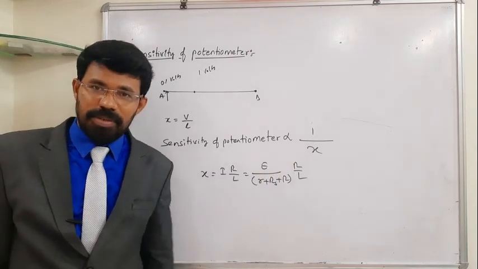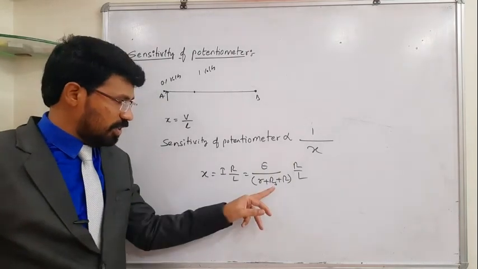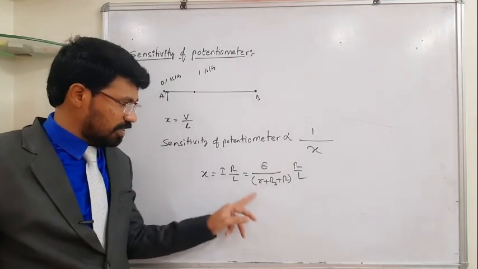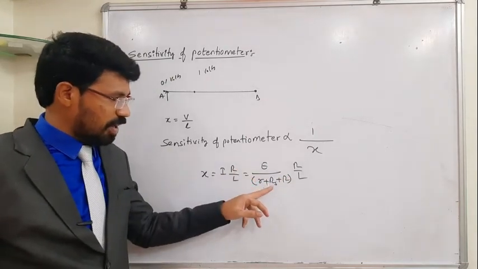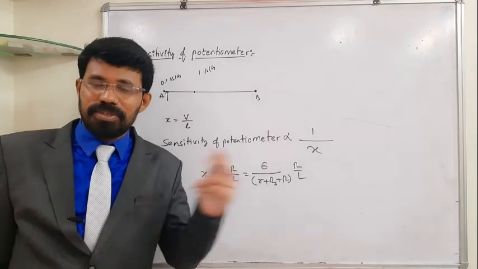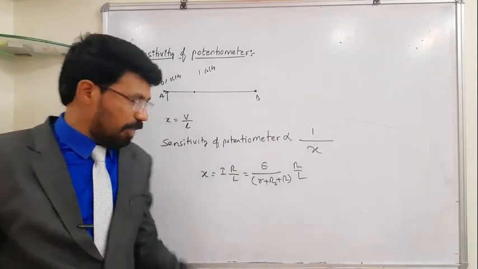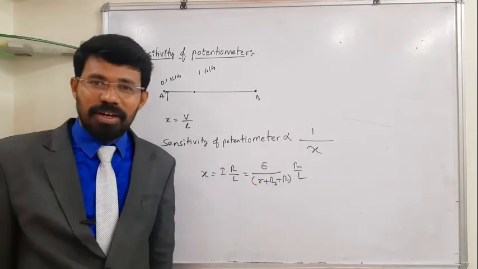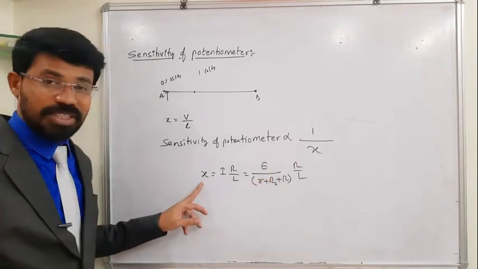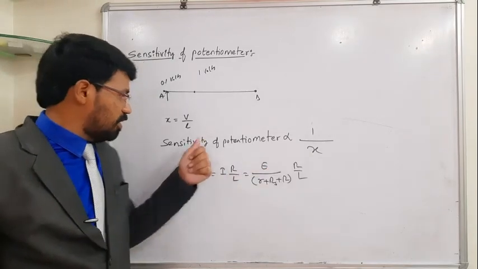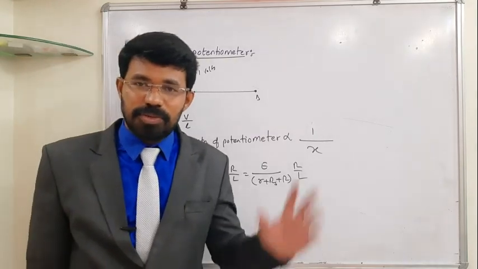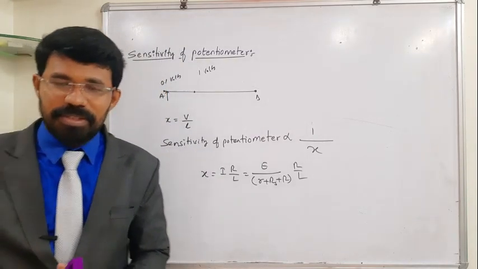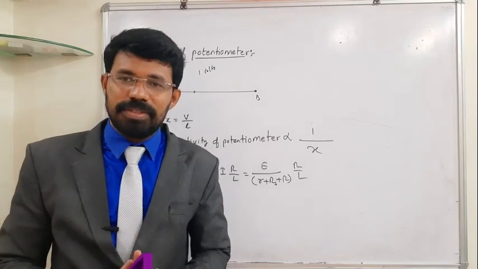You can increase the resistance in the denominator. For a given cell, if a larger value of series resistance Rs is connected, then what happens? The denominator value will be large. If the denominator value is large, X will be small. If X is small, the sensitivity of the potentiometer will be large. So that's all about the sensitivity of the potentiometer. With this I will conclude, students. Thank you.